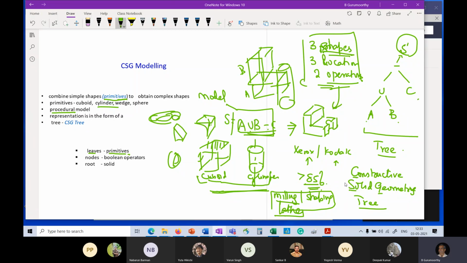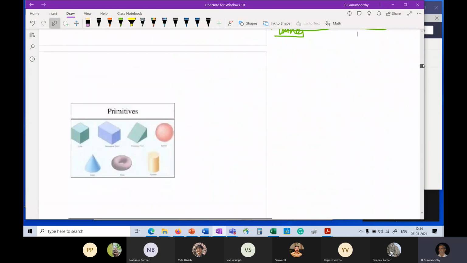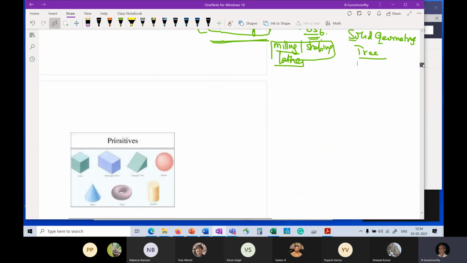Okay. So essentially, this is how the problem of providing ease to the modeling person in representing or defining the solid to the computer is addressed by this system.